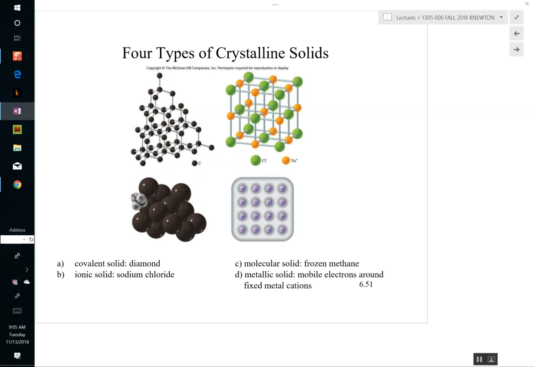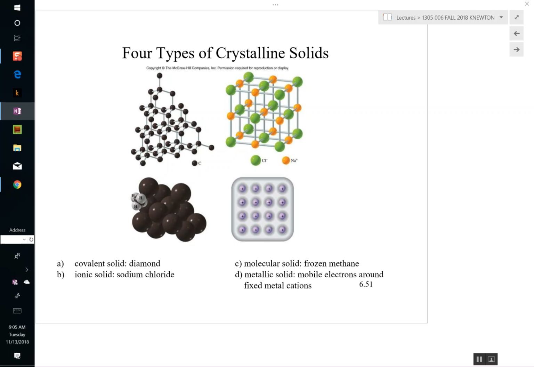Molecular solids, if you took methane, the natural gas that's heating your home today, if you cooled that down really cold, it would freeze as molecules of methane. And then here's an example of a metallic solid.